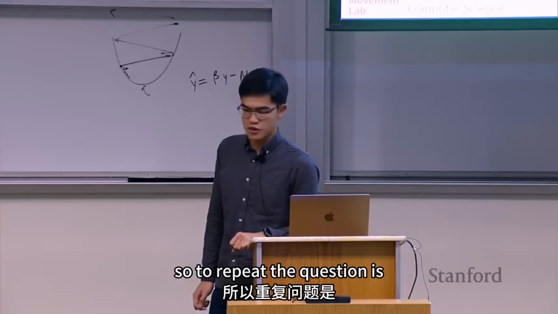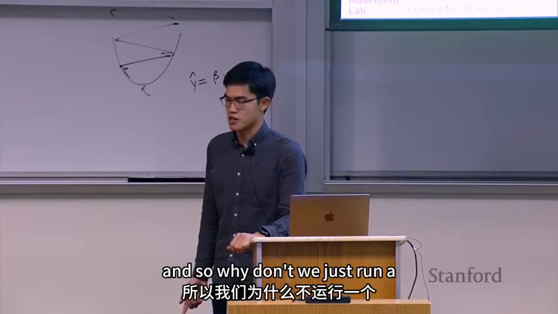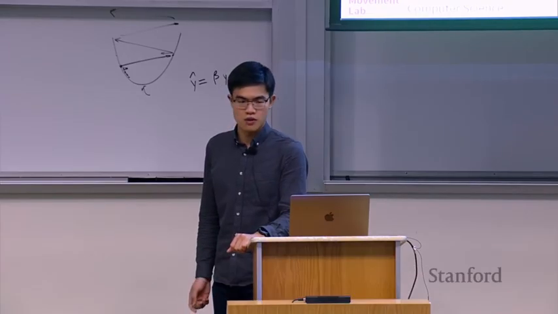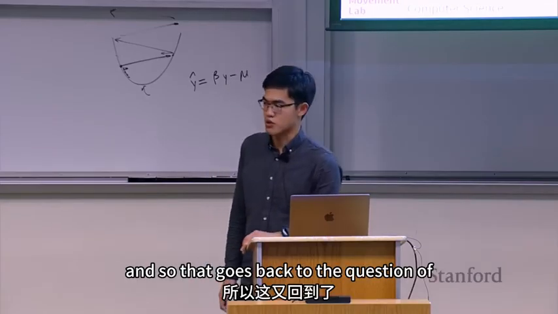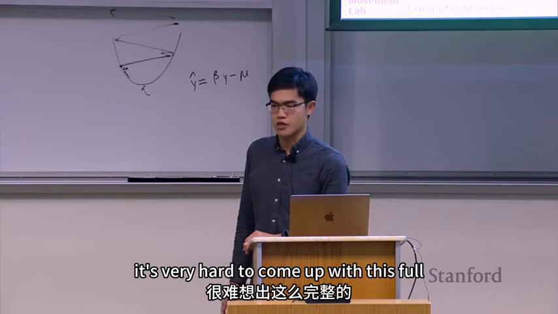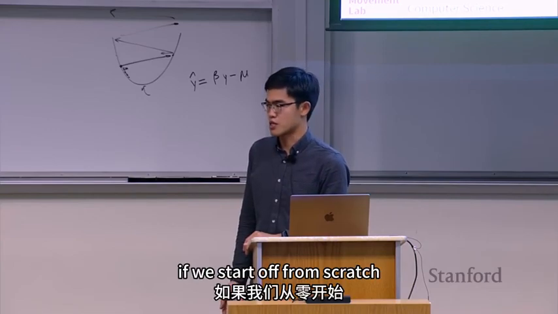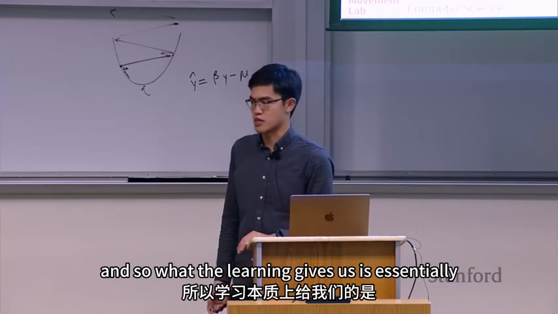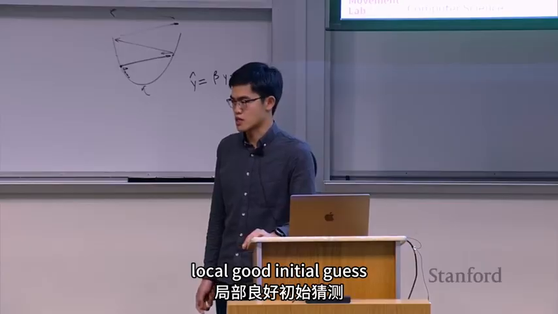Okay, yeah, so to repeat the question, we basically have full information, so why don't we just run a learning-free method to directly generate the grasp? That goes back to the question of global optimization, because it's very hard to come up with this full 22 degree of freedom solution if we start off from scratch. What the learning gives us is essentially a good initial guess.